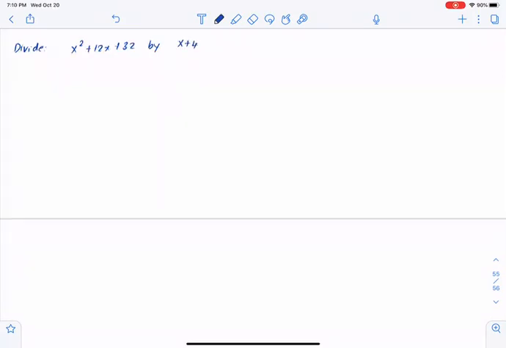So we want to divide x squared plus 12x plus 32 by x plus 4 using synthetic division. So I'm going to write the coefficients 1, 12, and 32. We require the form x minus something, so I'm going to write it as x minus of minus 4.